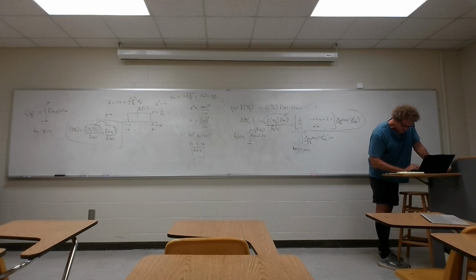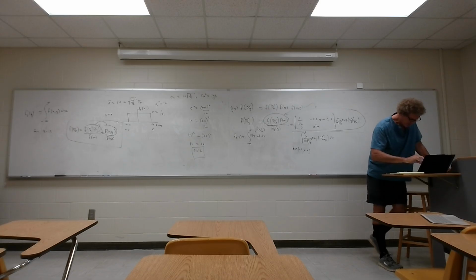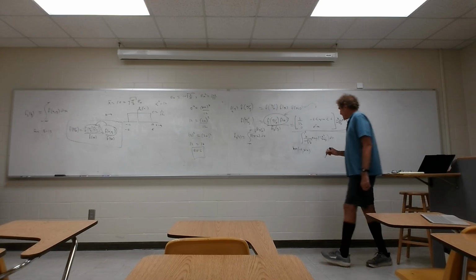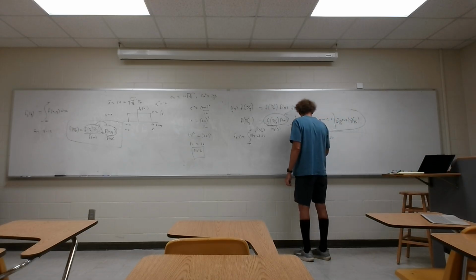It's an odd problem because you don't even have to do the integrations. I'm sorry, y plus 6, my bad. The upper limit is going to be 6 plus y.